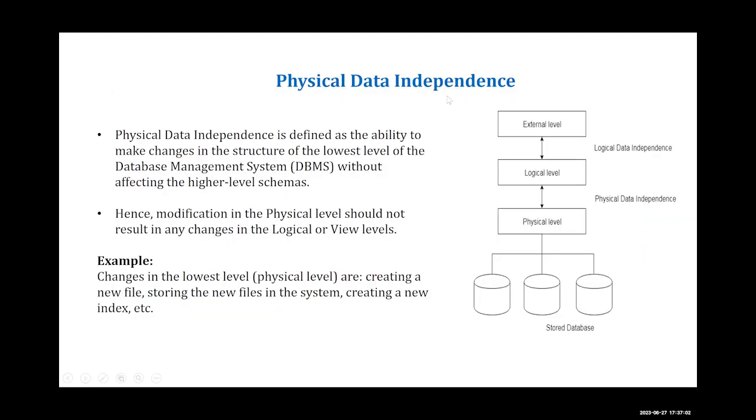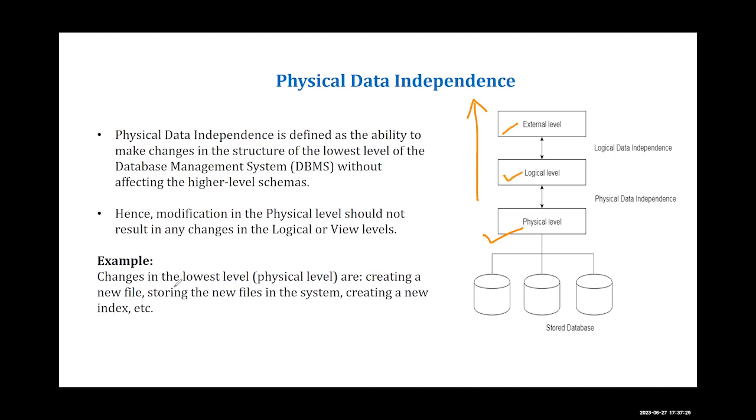So see here, physical data independence. Physical data independence is defined as the ability to make changes in the structure of the lowest level of the database management system without affecting the higher levels. Hence, modification at the physical level should not result in any changes in the logical or external view.